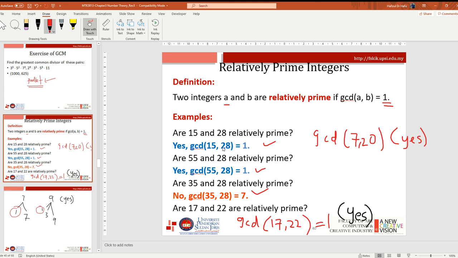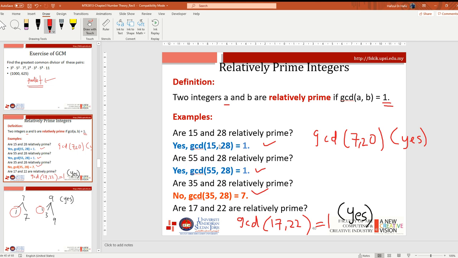Okay, and then we have the relatively prime integers. By the definition, two integers a and b are relatively prime if GCD(a, b) is equivalent to 1. For example, are 15 and 28 relatively prime?